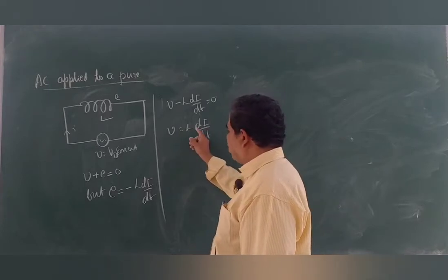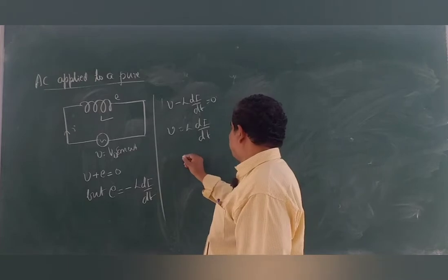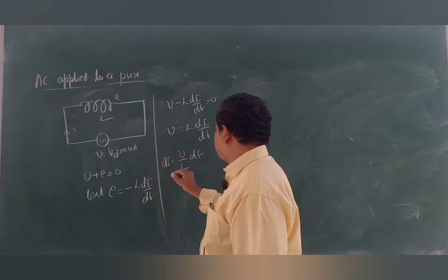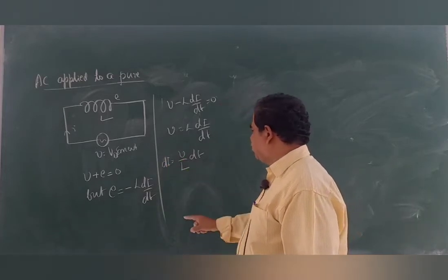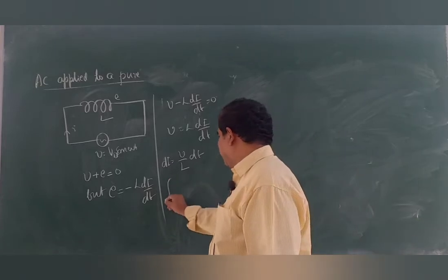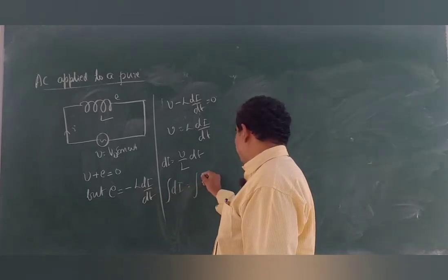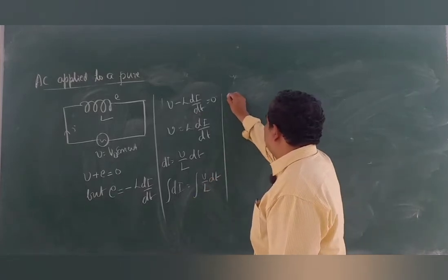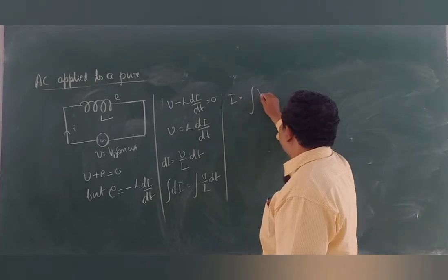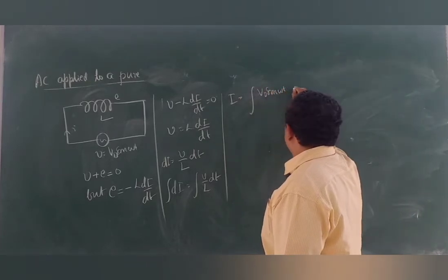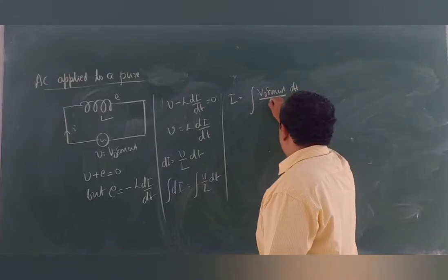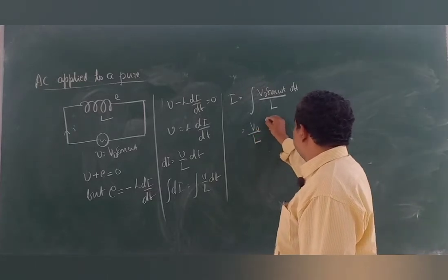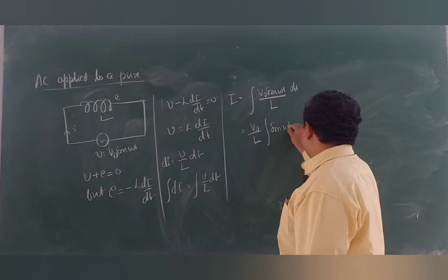Therefore, observe, what we want is the current expression. We rearrange the terms. V by L dt equals di. Now, if we integrate this, we get the current expression. So, integrating di equals V by L dt. Now, we substitute everything. Integral of di is I, equals integral from 0 to t of V naught sin omega t dt by L. Take out the constants, V naught by L, sin omega t dt.